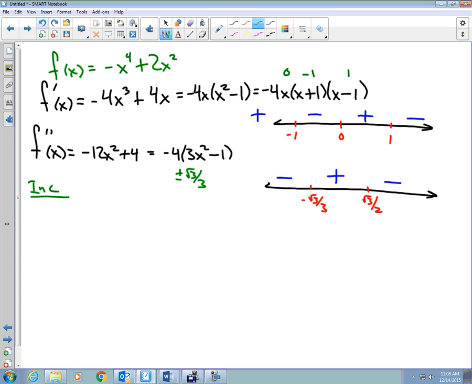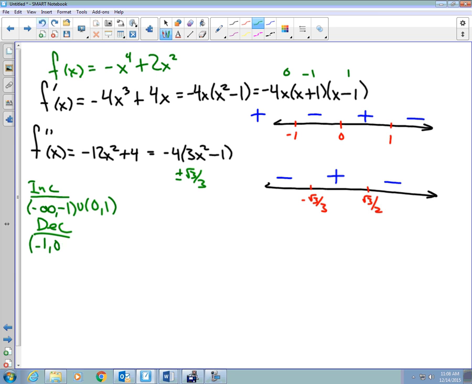Intervals of increasing. Decreasing. First derivative. No, increasing and decreasing are determined by the first derivative.